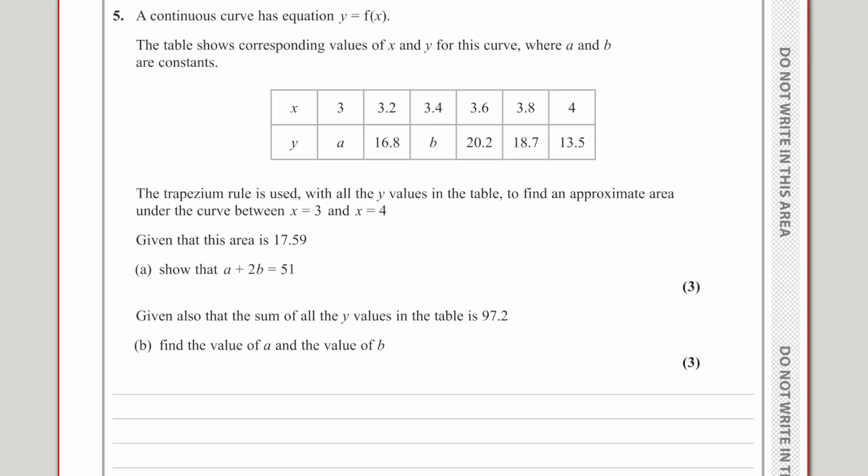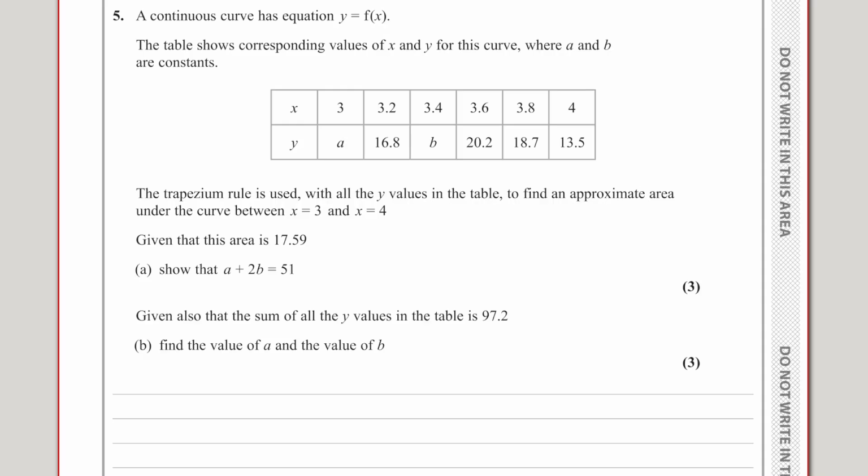Question 5. A continuous curve has equation y equals f of x. The table shows corresponding values of x and y for this curve, where a and b are constants. So a and b are missing numbers here. The trapezium rule is used with all the values in the table to find an approximate area under the curve between 3 and 4.